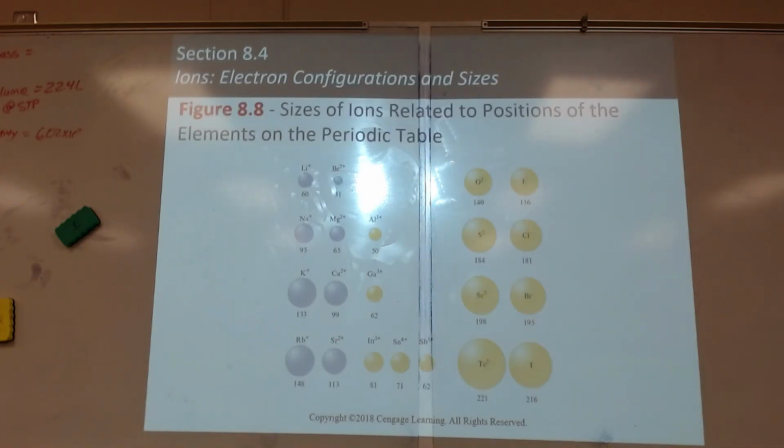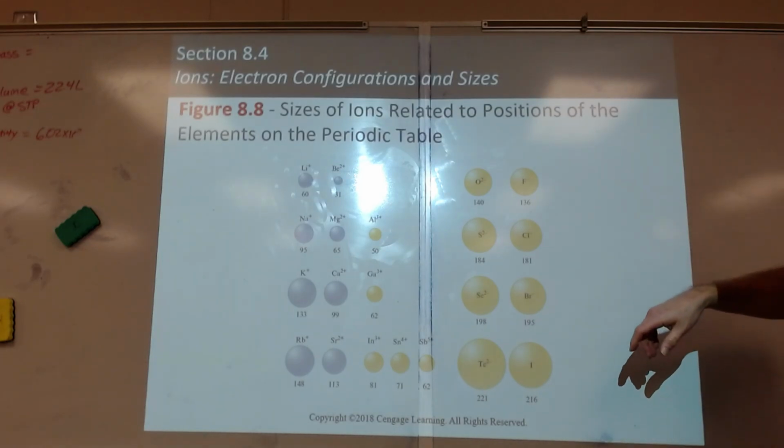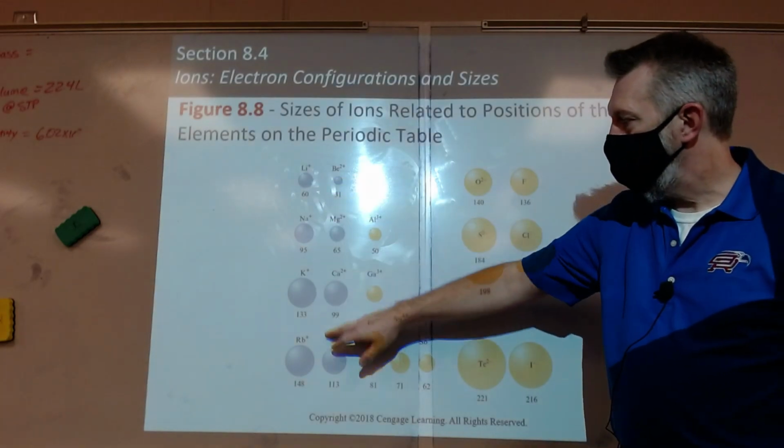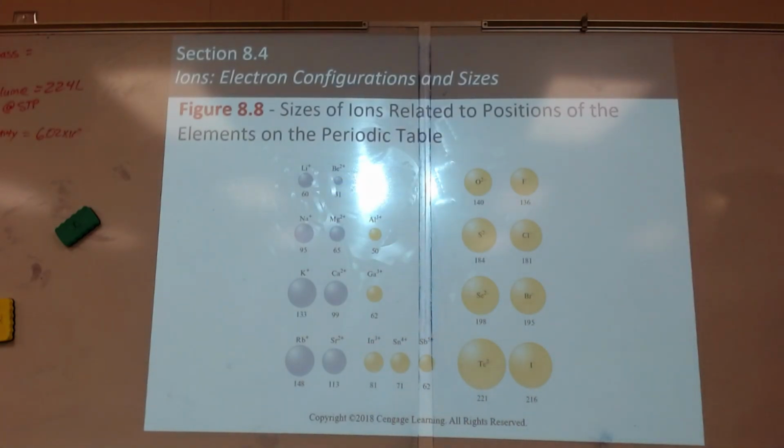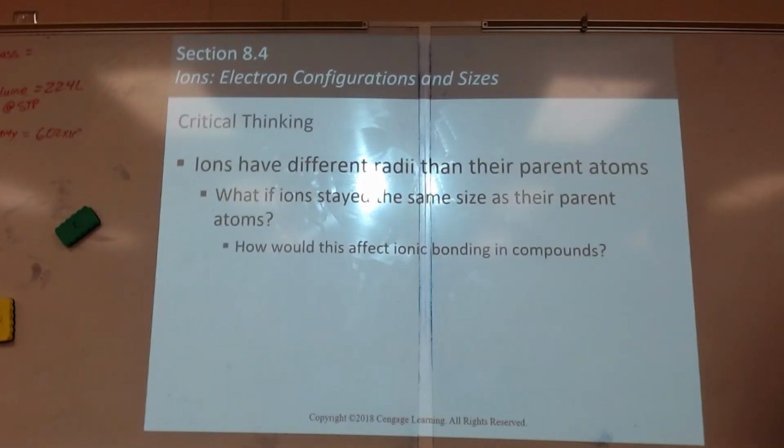There you go. Y'all good? So here's some examples. What's going on here? Lithium, these are just some tables of ion sizes. Don't need to memorize these. It's all good.